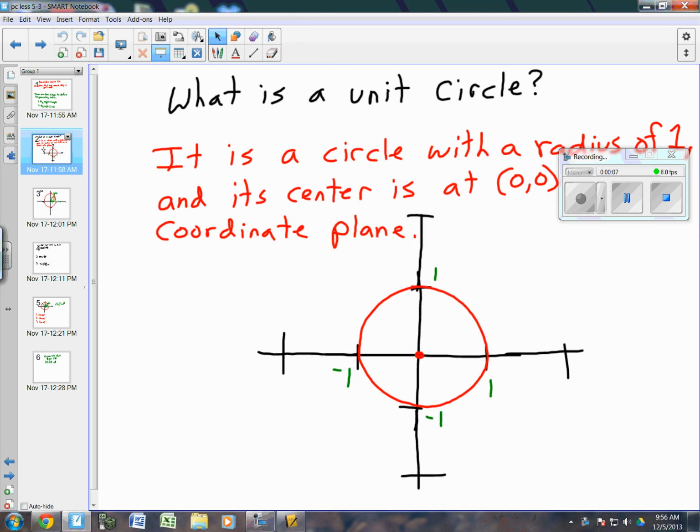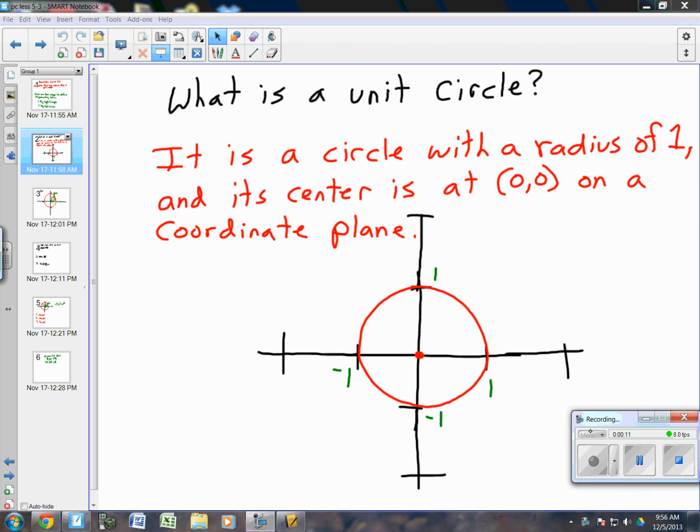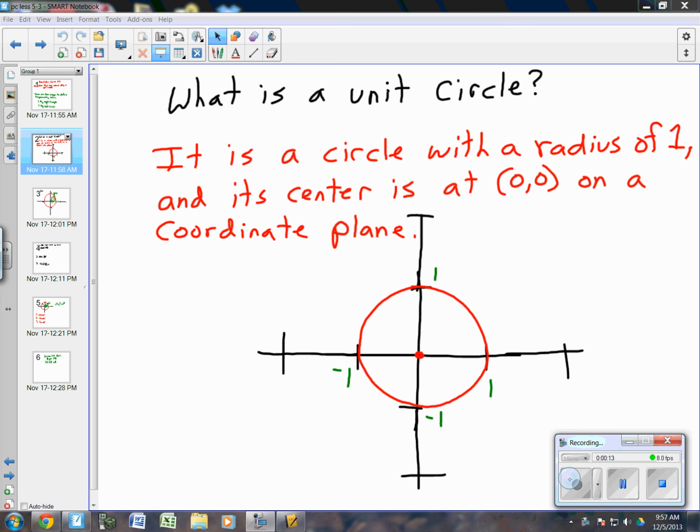Moving to the next slide. Okay, right here, this is the unit circle. You can see that the center is at 0, 0. It has a radius of 1. That's the important thing about a unit circle.